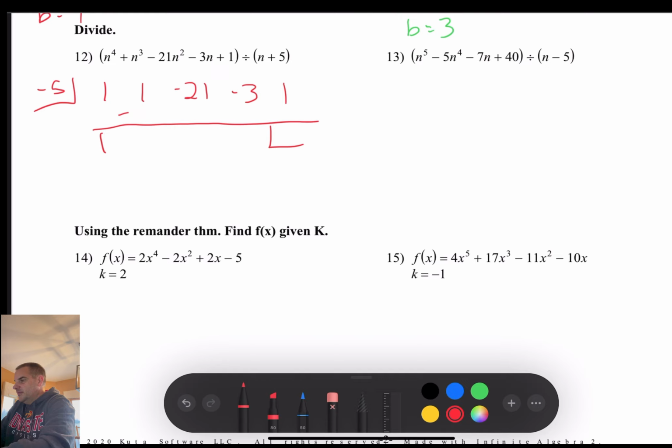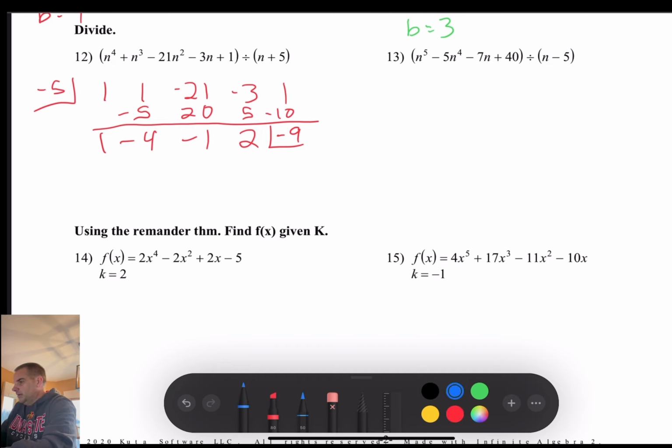That gives me -5. 1 plus -5 is -4. -5 times -4 is 20. -21 plus 20 is -1. -5 times -1 is 5. That leaves me with a 2. That gives me -10. And in this case, I have a -9. So I have a remainder, so that means n plus 5 isn't a factor.